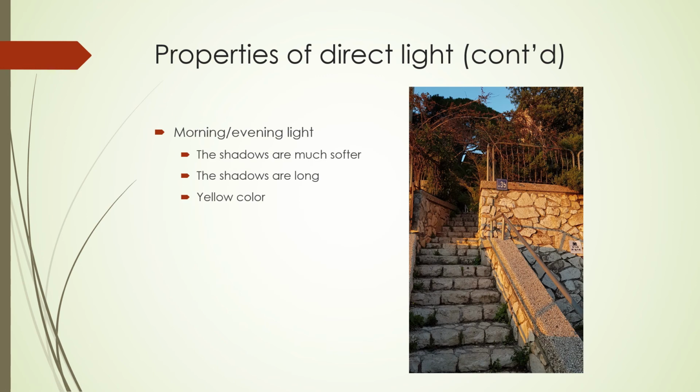You can see by the direction of the lines of the shadows. Morning and evening light, I combine them together, but there are some differences between them. For the sake of this lecture, I will talk about morning and evening light as one type of light. The shadows are much softer. You can see that they are less thick, they're less dark, and the pattern of the wall here, for example, can easily be seen also in the bright part and in the dark part.